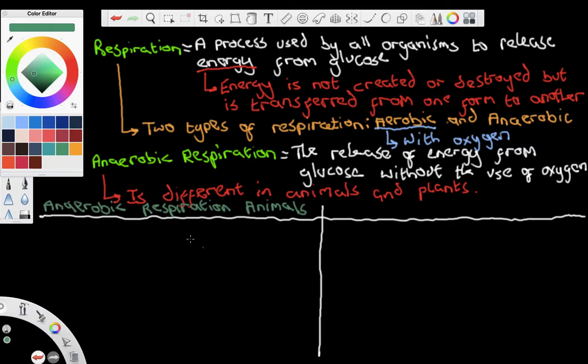And in the other column, we can put anaerobic respiration in plants.